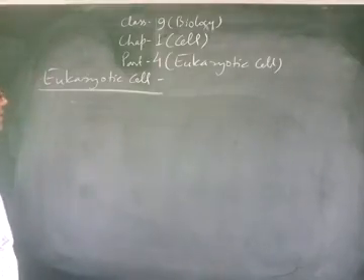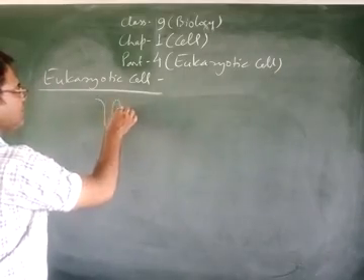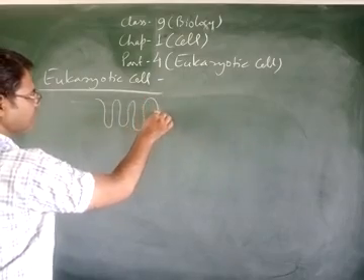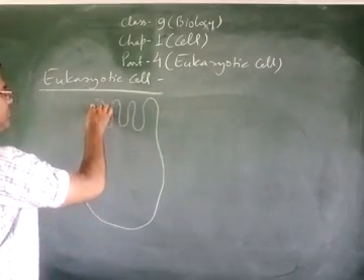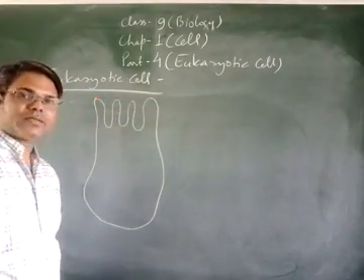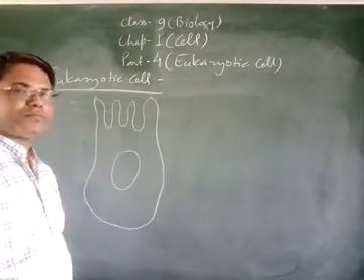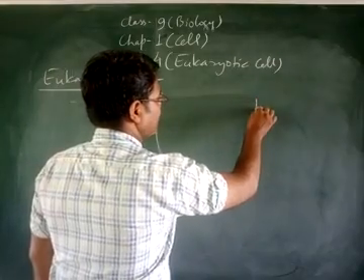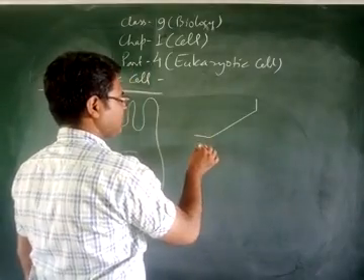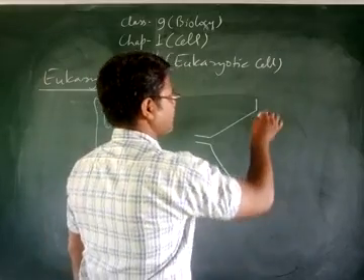If you see, this is the animal cell, and this is the plant cell, which looks like this.